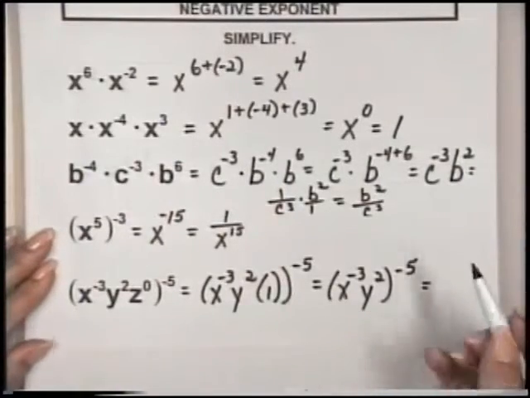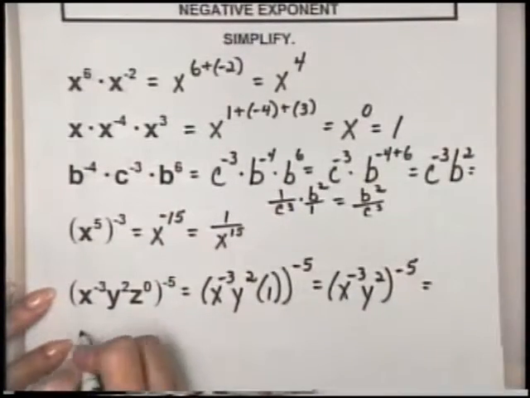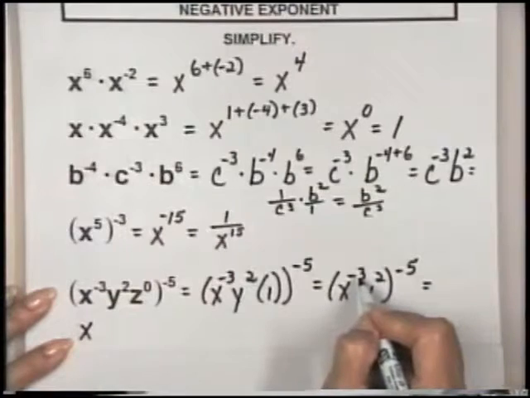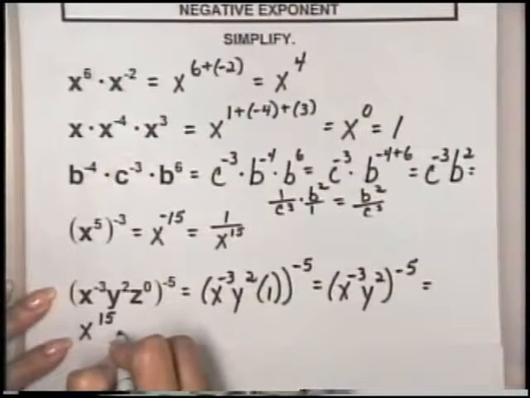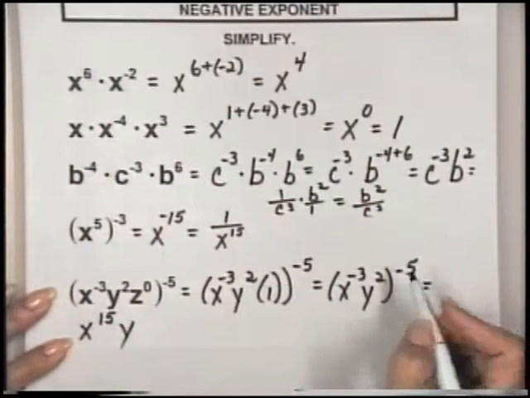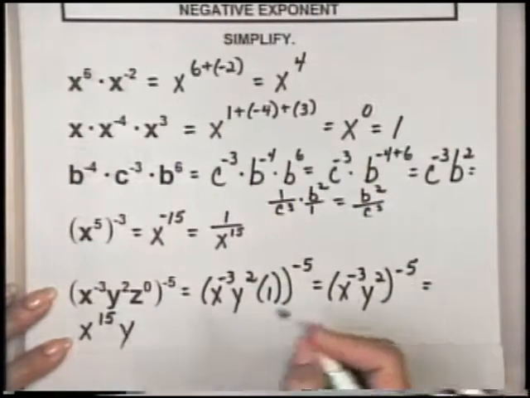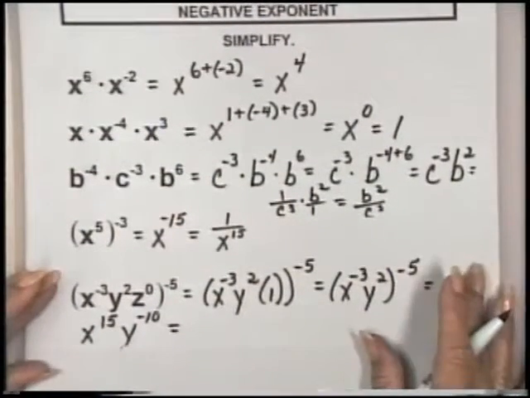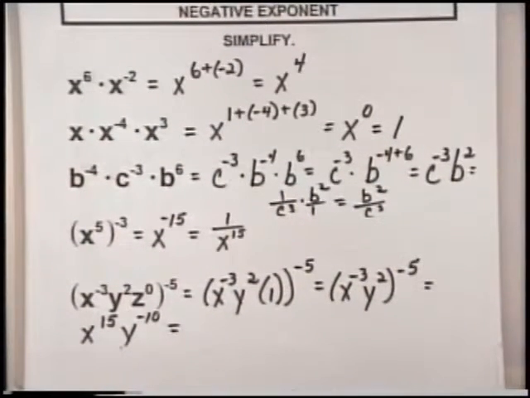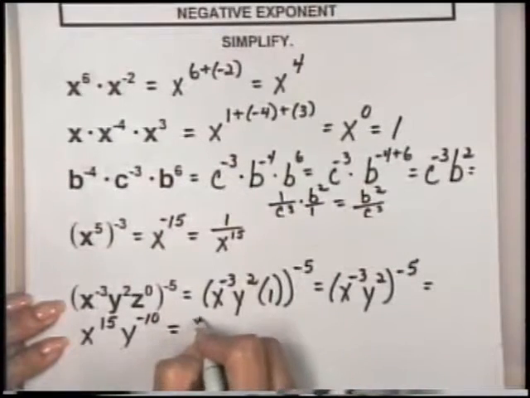Now, once again, I am applying a power to a power. So I will have x to the negative 3 times negative 5 will give me a positive 15, times y to the 2 times negative 5 will give me a negative 10. Now, I know that I cannot leave that negative exponent.